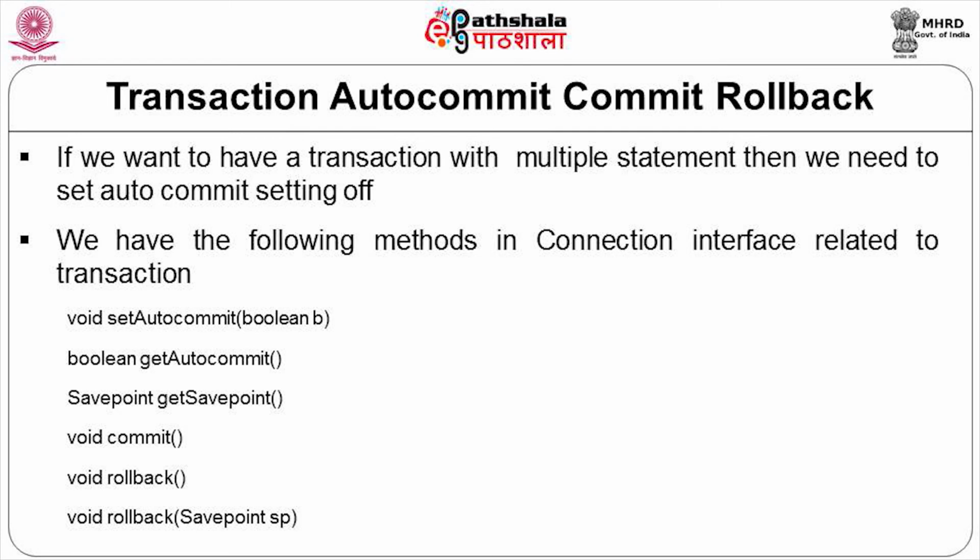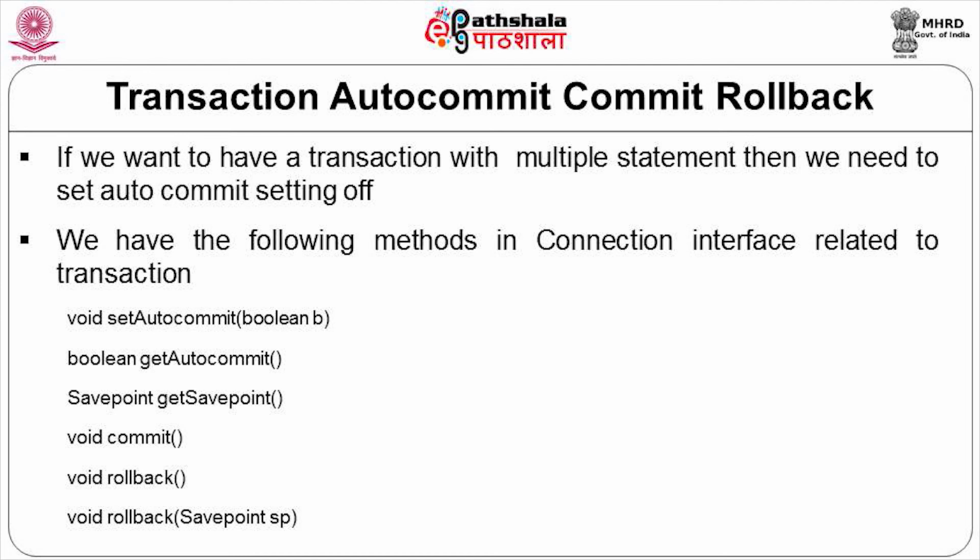Similarly here, in the java.sql package, the Connection interface provides us with a method called setSavepoint, which returns an object of Savepoint. The Savepoint object which is returned here can then be used in your rollback method.